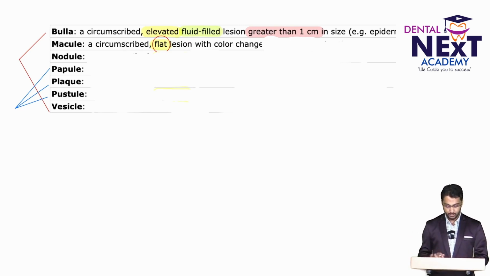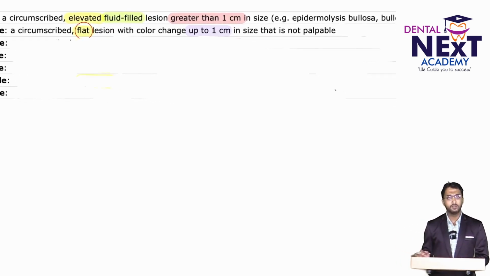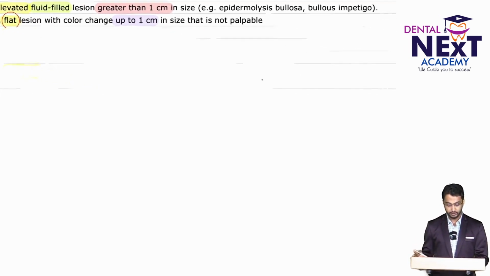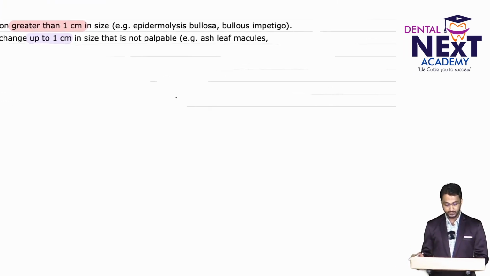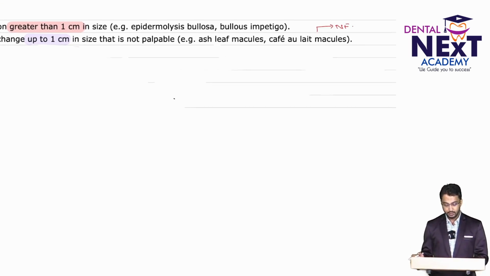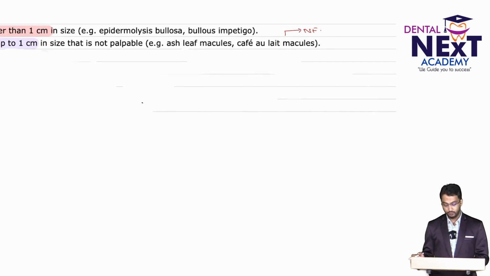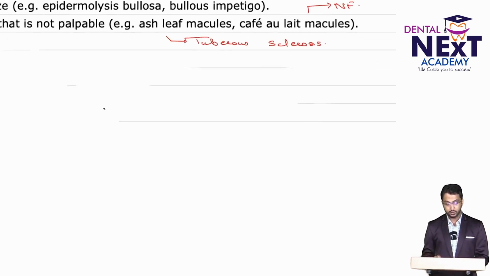It's a flat lesion, up to a maximum of 1 centimeter, and since it's flat, it's not palpable. Ash leaf macules, you'll study this, it's important. Café-au-lait spots. Where do you see ash leaf macules? Tuberous sclerosis. And where do you see café-au-lait spots? Neurofibromatosis, isn't it? Ash leaf in tuberous sclerosis.